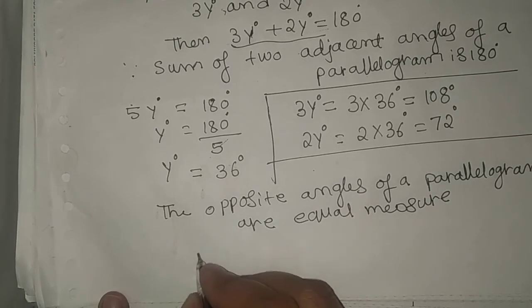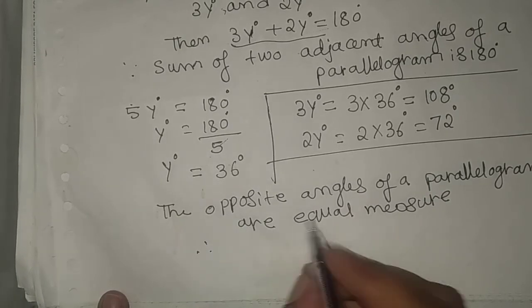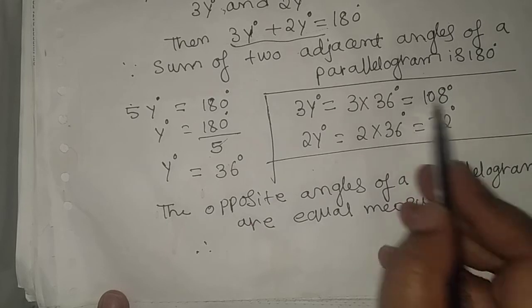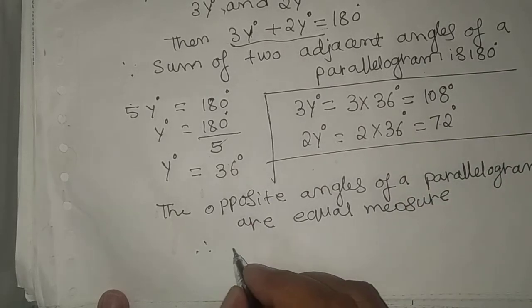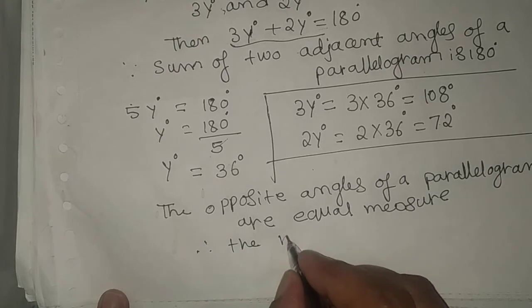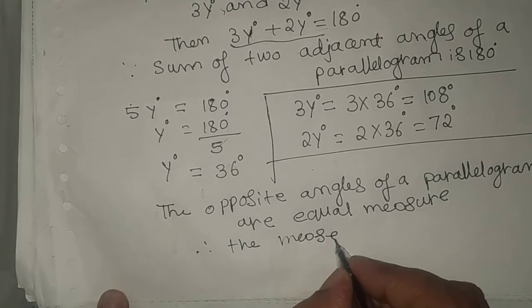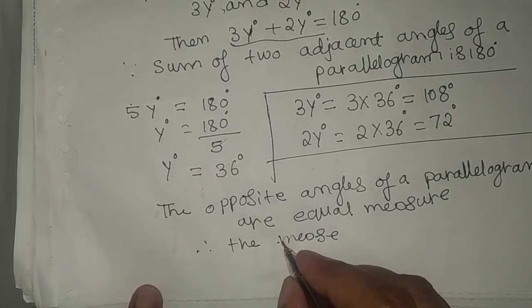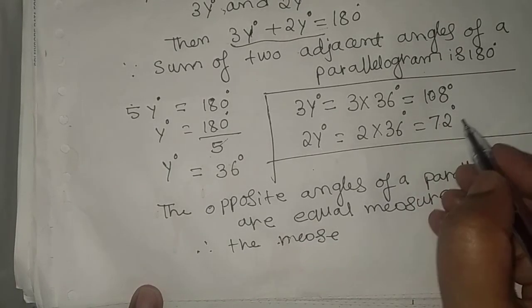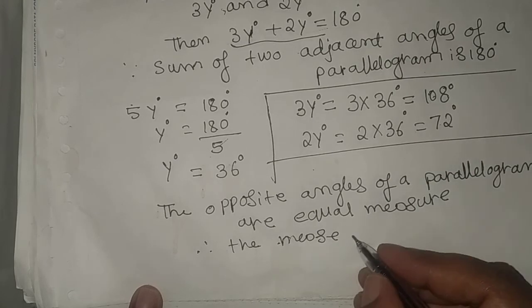So the measures are 108, 72, again 108, 72, as asked in the question, the measures of each angle of the parallelogram.